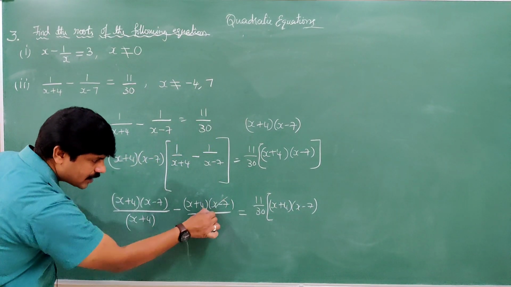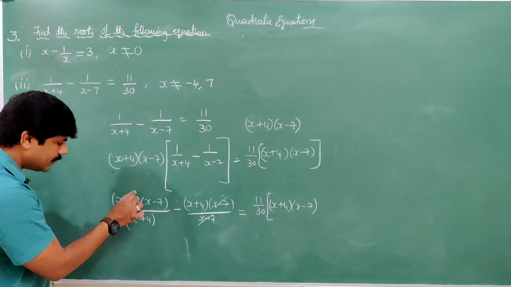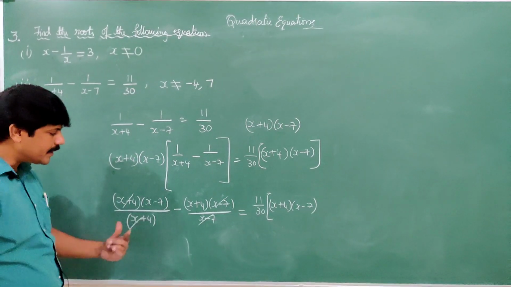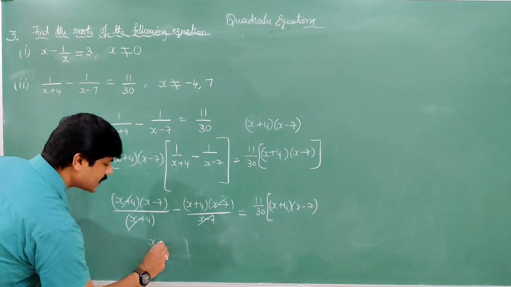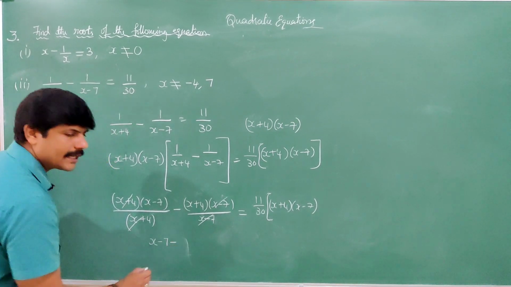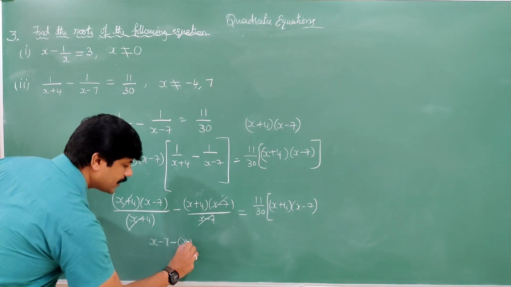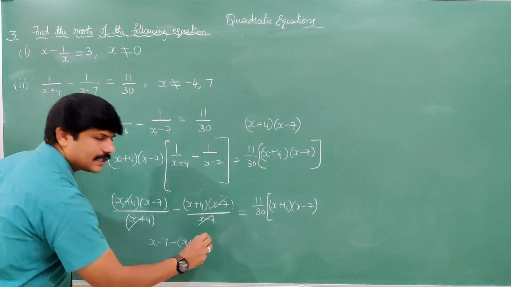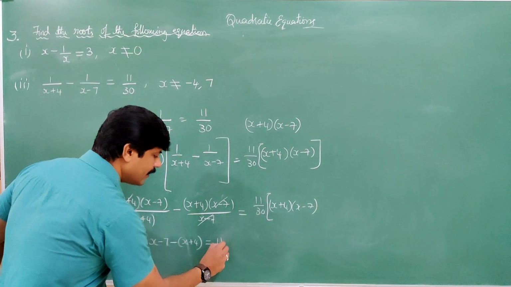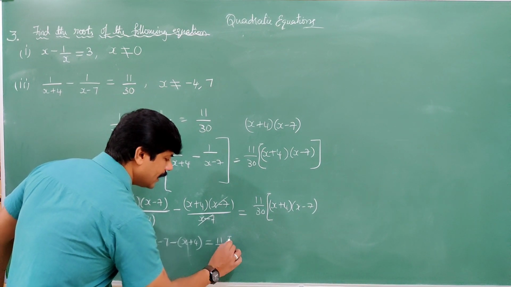Now see here, x minus 7 gets cancelled, x plus 4 gets cancelled. The remaining terms are x minus 7 minus, and when minus is there, maintain the bracket properly, x plus 4 equals 11 by 30.